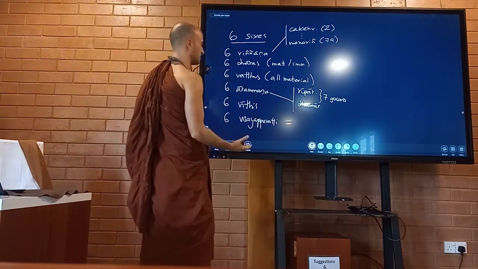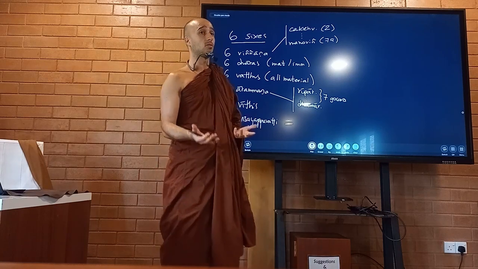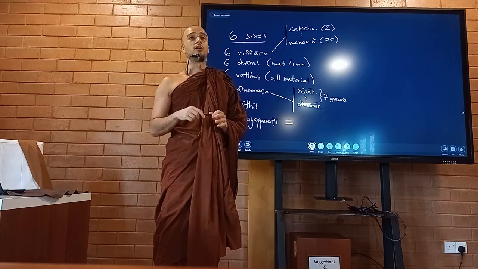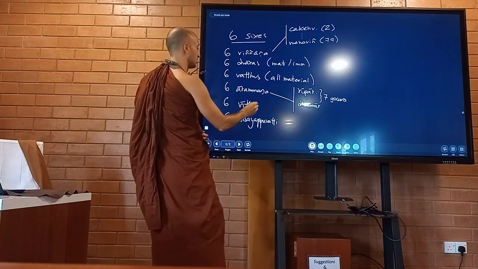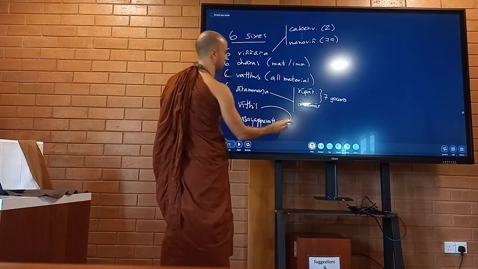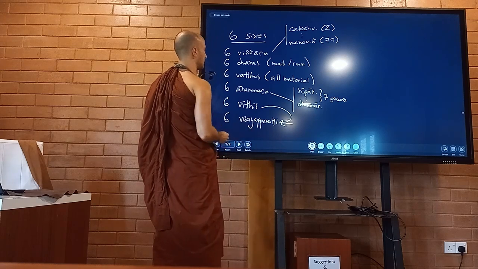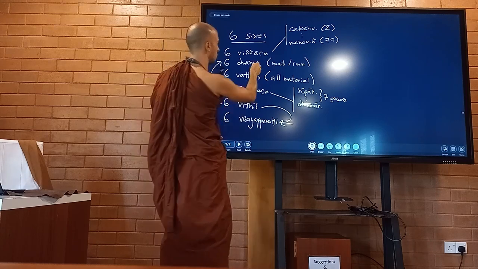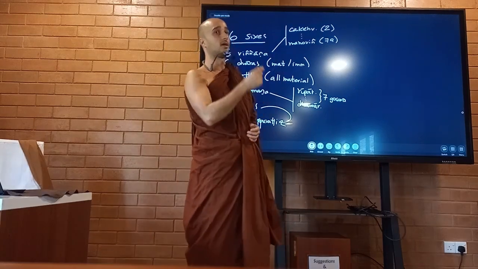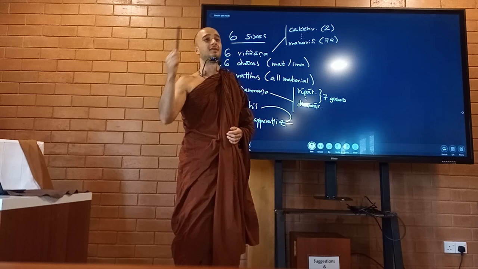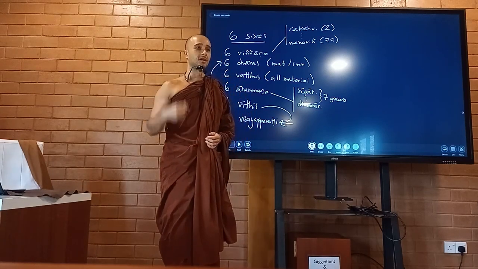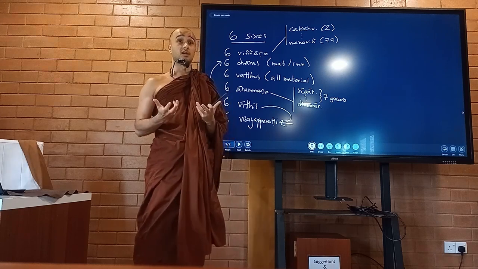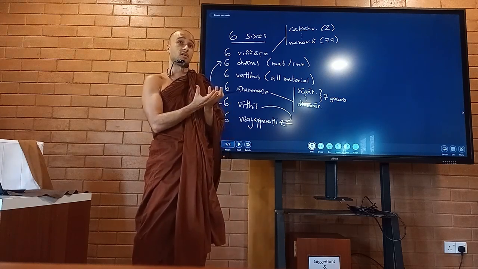Vittis, now vittis. You can name them according to different ways. Many times we use Visayapavati to give a name. Sometimes we use Dwara, many times, to give the name. According to Dwara, for example, Chakku Dwara Viti, Sota Dwara Viti, Ghana Dwara Viti. Sometimes according to Vijnana, sometimes according to the chittas that arise.